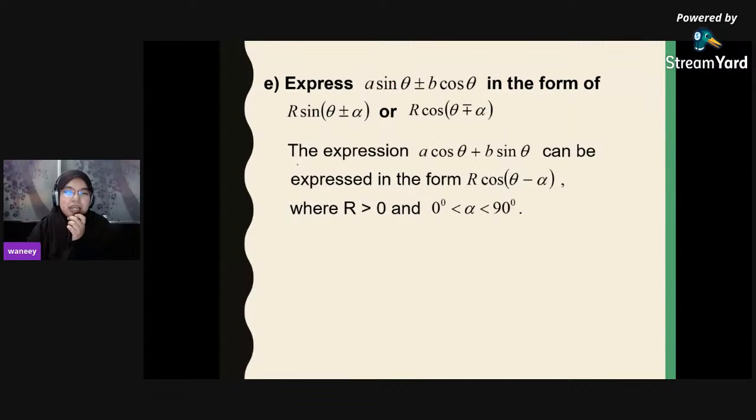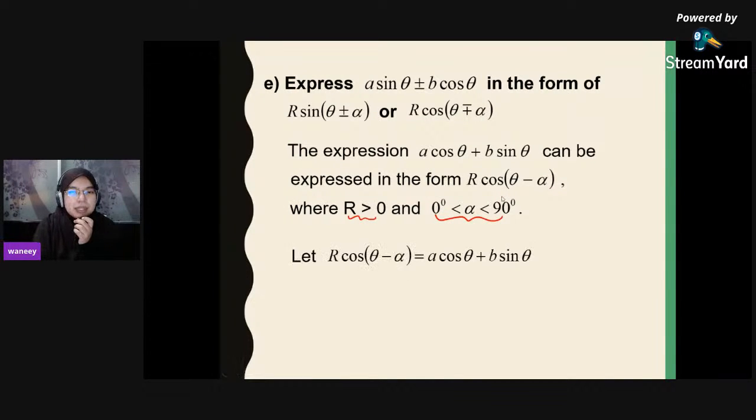Basically the expression A cos theta plus B sin theta can be expressed in the form of R cos theta minus alpha, where R is a positive number, so R needs to be greater than 0, and alpha is simply an acute angle, so alpha is somewhere in between 0 and 90 degree. Okay, so let's say R cos theta minus alpha is equal to A cos theta plus B sin theta.